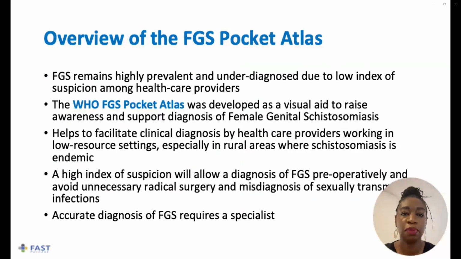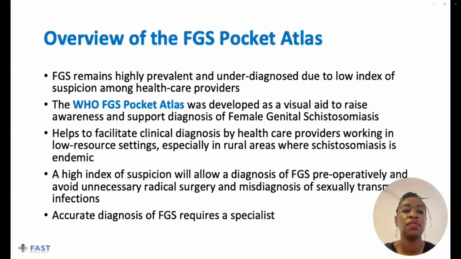So a brief overview about the Pocket Atlas. It was published in order to increase the index of suspicion among health workers, who were shown to have very low diagnosis, or usually misdiagnose FGS.